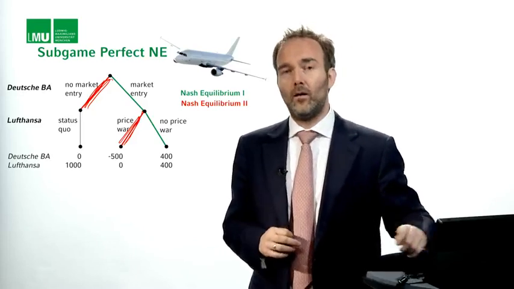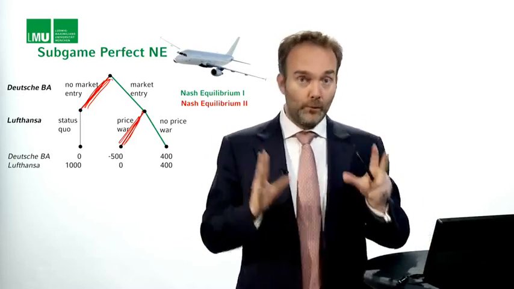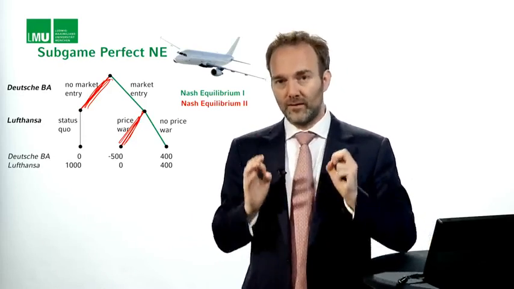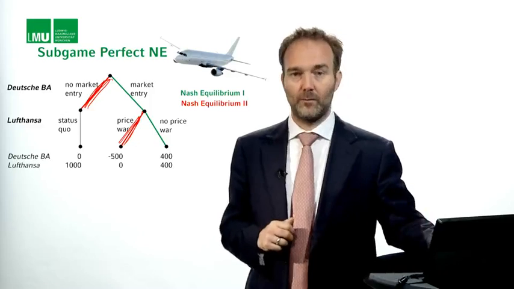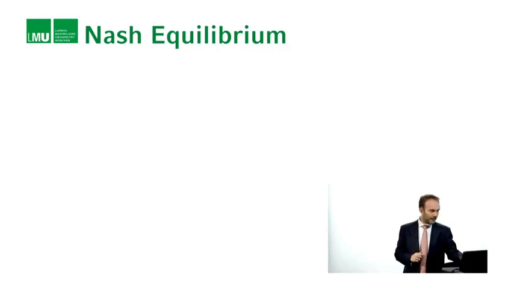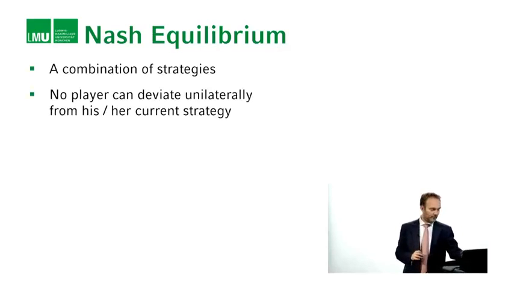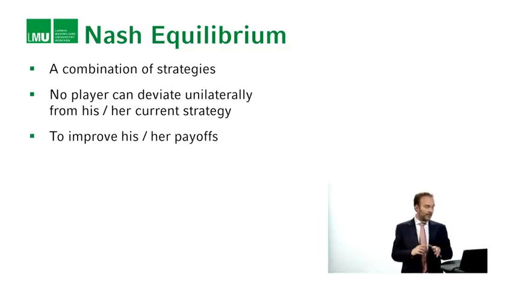Okay. Now, for that, what we need to be aware of is what the precise definition of the Nash equilibrium is. A Nash equilibrium is a combination of strategies such that no player can deviate unilaterally from his or her current strategy to improve his or her payoffs. So, what does that mean?